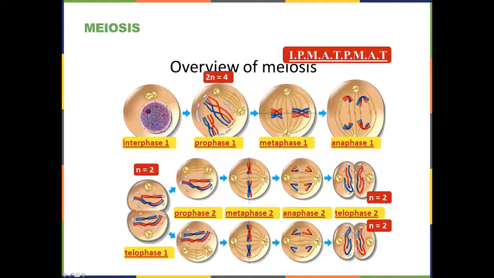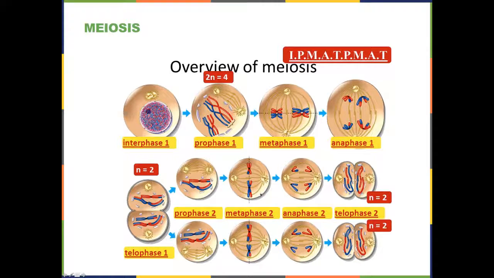So that's for n equals 2. Again, if we do this for a human, 2n would be 46, or 2 times 23. You have duplicated chromosomes attached at the centromere. They then separate, and you end up with 2 cells that have 23 chromosomes each, but they're duplicated, attached at the centromere.